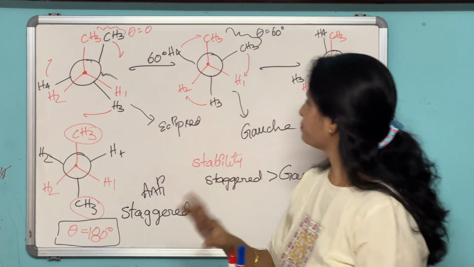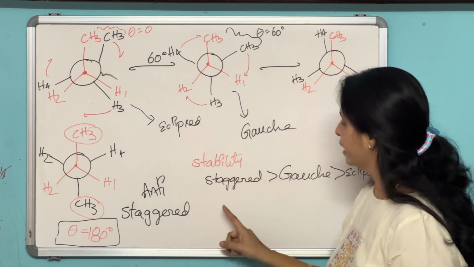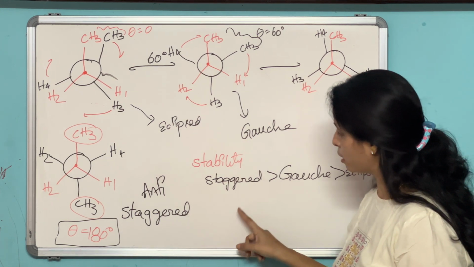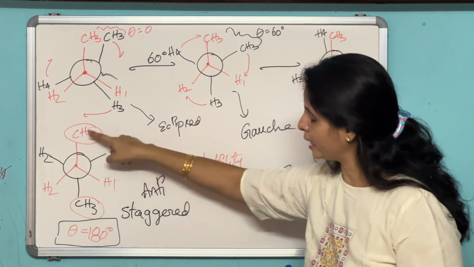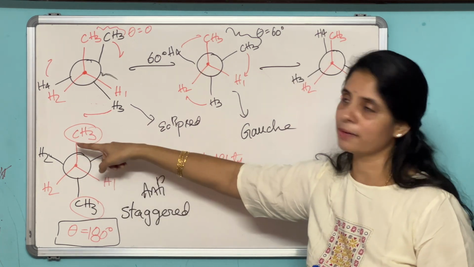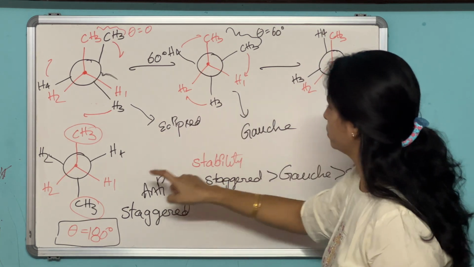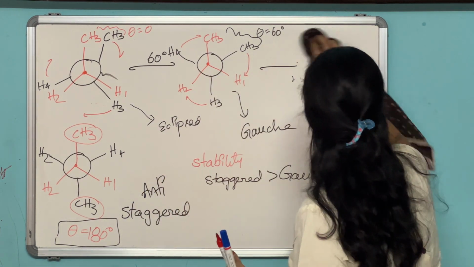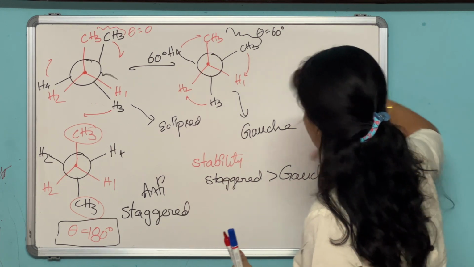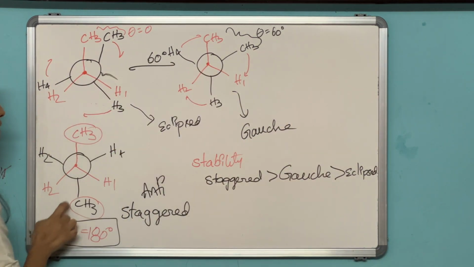Now, what is the most stable conformer of butane? The staggered form is the most stable conformer because these two bulkier groups are spatially far apart. You observe 1, 2, 3.